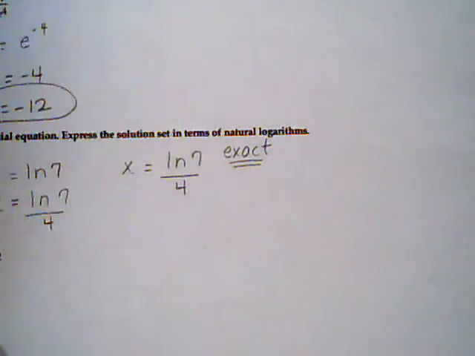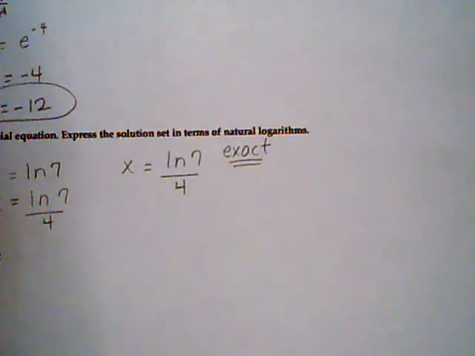Depending on your calculator, you'll have to work with it to see. On mine, I have to hit 7 and then natural log. And I wouldn't round off. On my calculator, I'm getting 1.945910. I just keep it in the calculator and hit divided by 4, and I get 0.486477537.